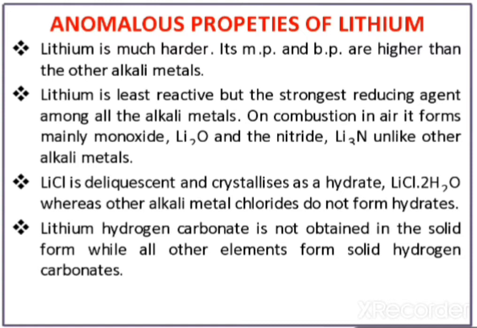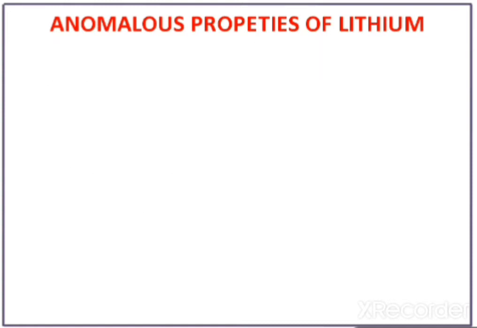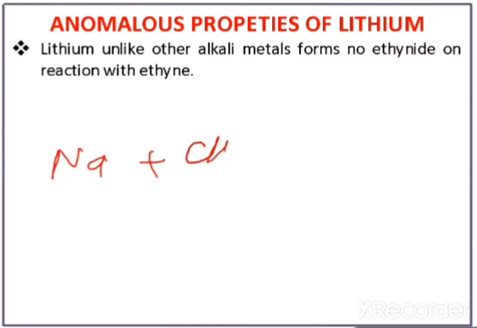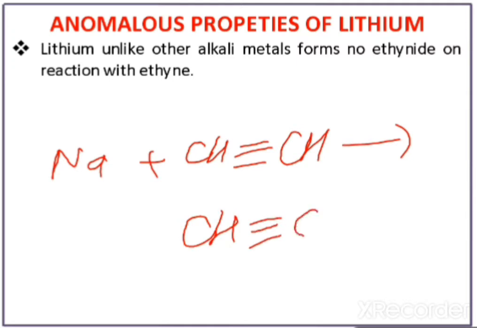Why is lithium showing a different character? Now we will see the reason for the anomalous behavior. First, see some more characters. Lithium, unlike other alkali metals, forms no ethanide on reaction with ethine. If you react sodium, Na, plus ethine, CH triple bond CH, they will form CH triple bond C Na.